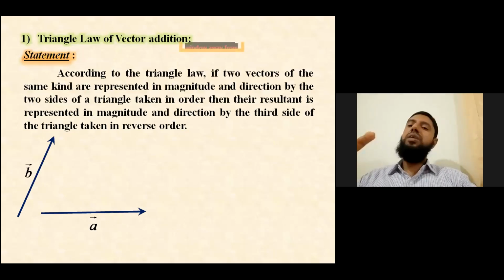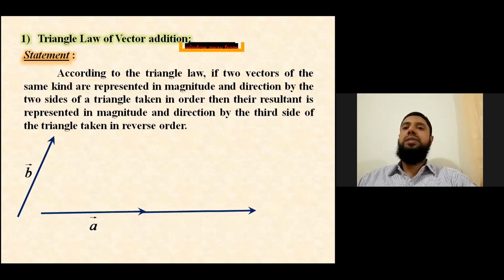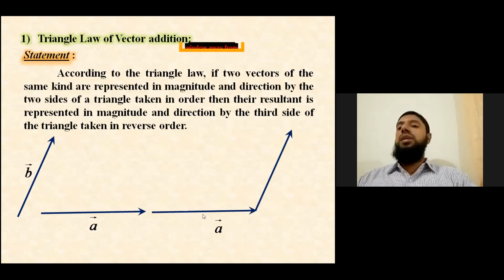How should we arrange this vector A and vector B? It should be in an order. The end point of A is the initial point of B. The final point of vector A is the initial point of vector B. Then this is the order.